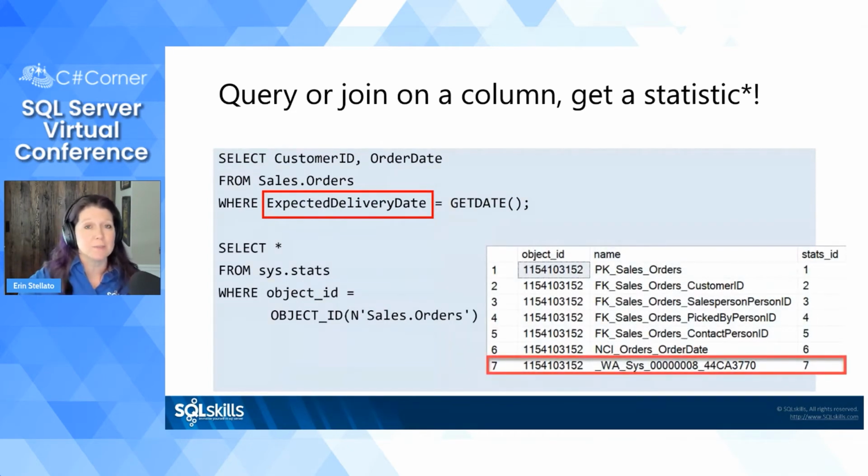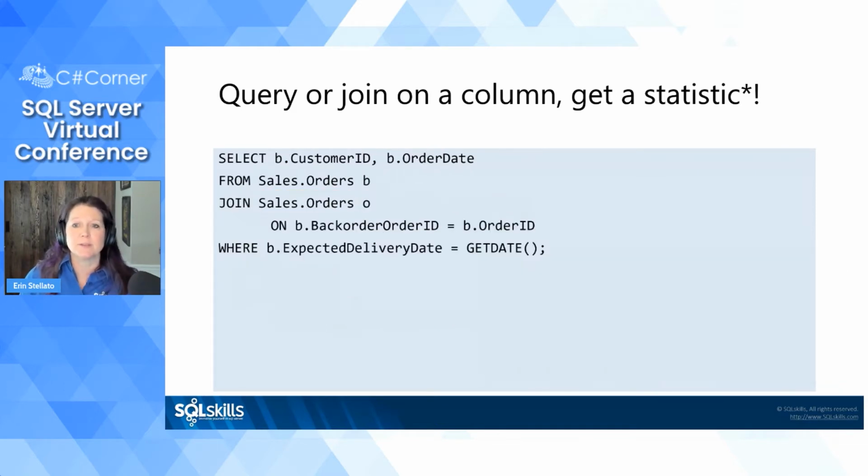Now you'll notice the naming here is way different, right? The column is named expected delivery date, and we have a statistic name that starts with underscore WA underscore sys, and then a bunch of numbers and letters. That's because it's auto created and it's column level. So that's a naming convention that gets followed. So I'll take a note here to say, if you ever manually create statistics, don't follow that naming convention. Use your own, right? Because this is how you know it's an automatically created column level statistic. So this is the case where this column is in the predicate.